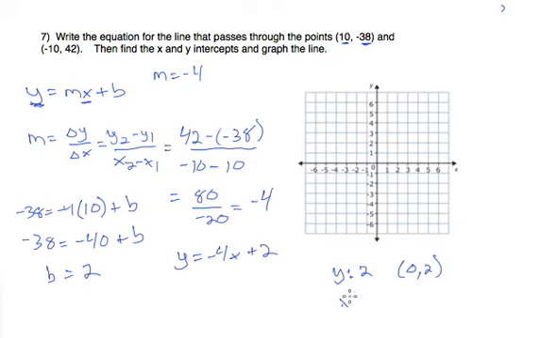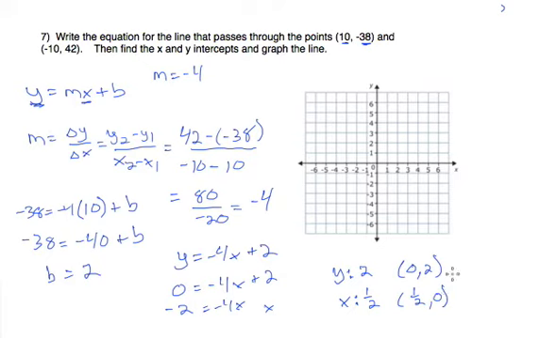And our x-intercept is, let's see, let's solve for x. 0 equals negative 4x plus 2. Subtract 2 from both sides, we get negative 2 equals negative 4x. So x equals negative 2 over negative 4, which is 1/2. So our x-intercept is 1/2, which means when x is 1/2, then y is 0.